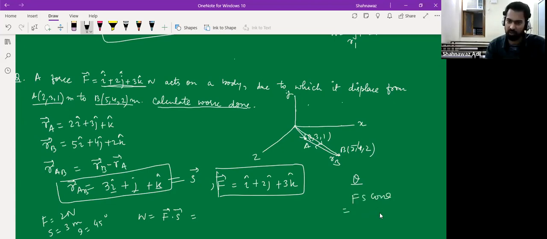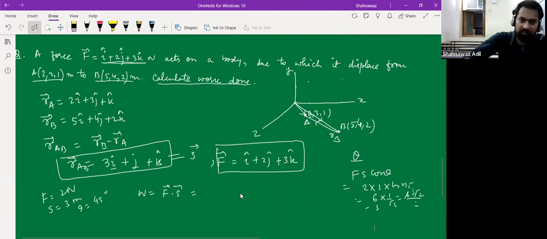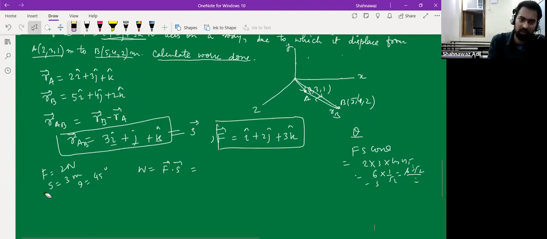So this would have been 2 into 3 into cos 45, which is 6 by root 2, so 3 root 2. But these are in Cartesian form, so we should not bother about the angle here.